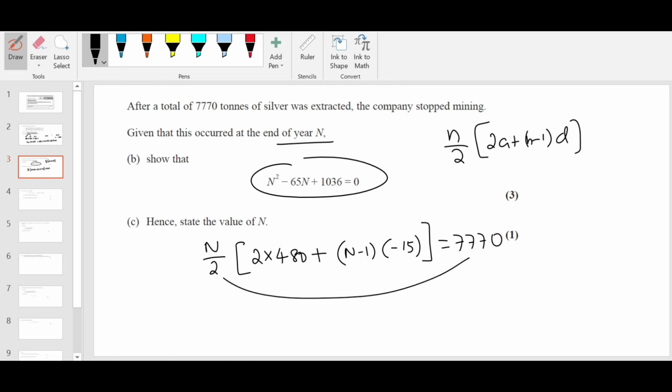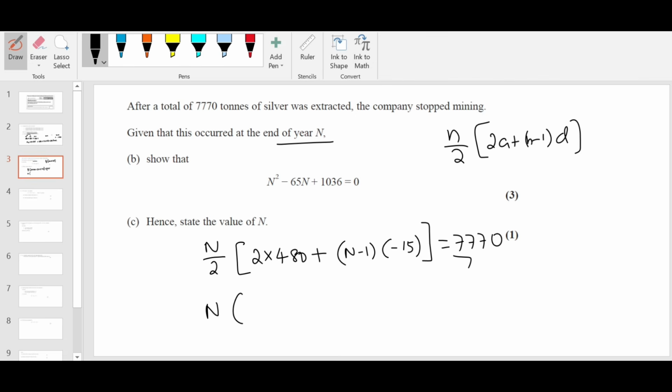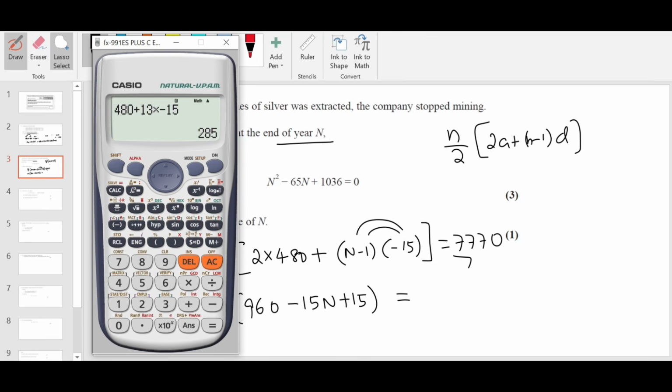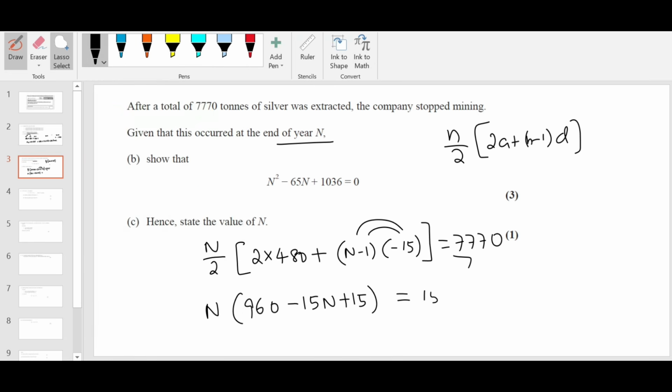So I'm going to bring this 2 here and multiply. I'll be left with n times, when you multiply by 2, 960. When you open the bracket, multiply both by minus 15, you'll get minus 15n plus 15, equal to 7,770 times 2, which is 15,540.